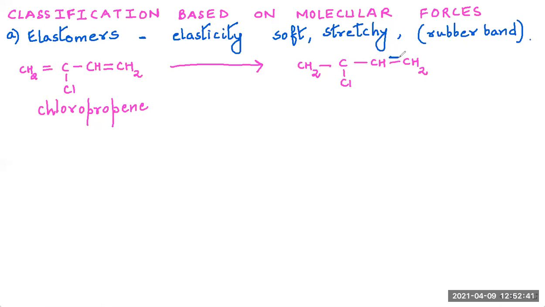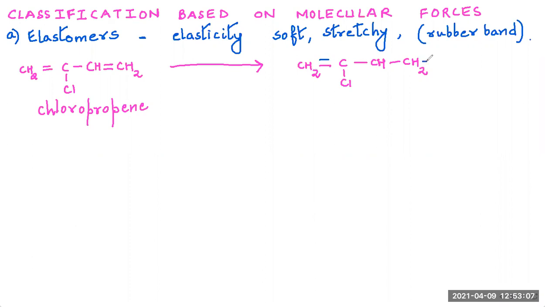One double bond is here and one is here. Now one of the pi bonds breaks. So one pi bond breaks and forms 2 sigma.